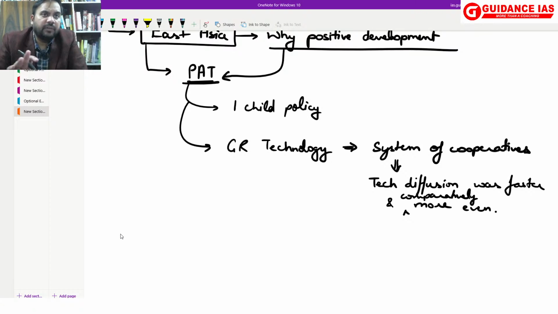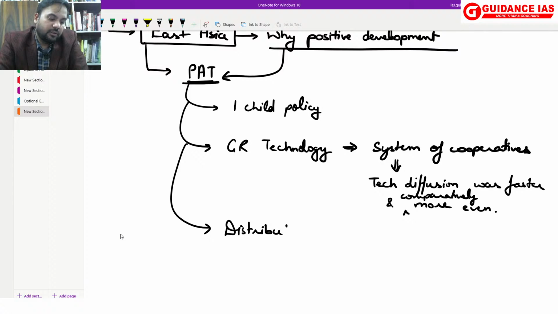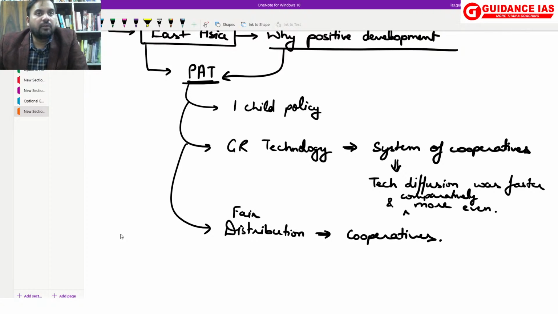It can never be even, but comparatively more even. Third is the factor of distribution as well. So distribution in system of cooperatives is what? It is much fairer distribution that is taking place. So because of that, they were able to better this situation.